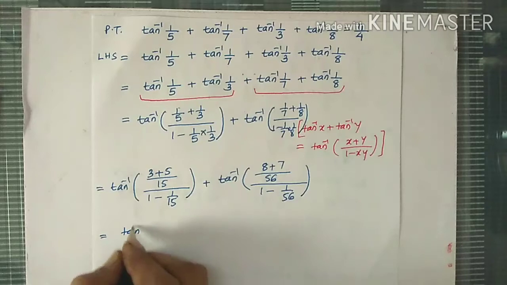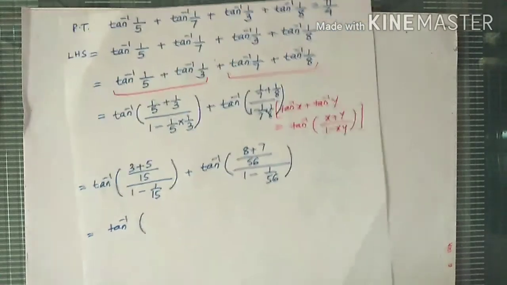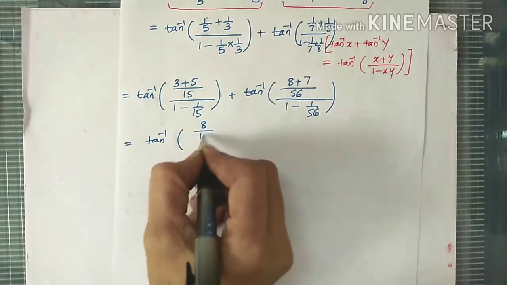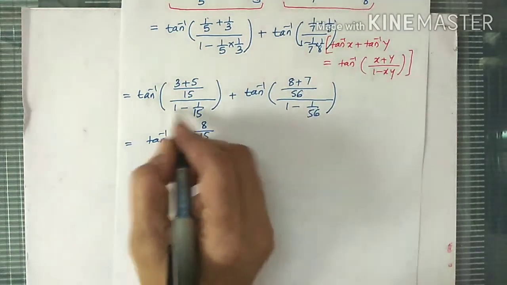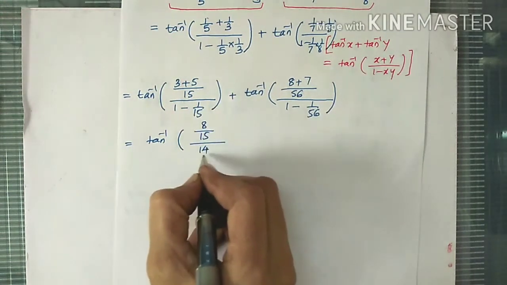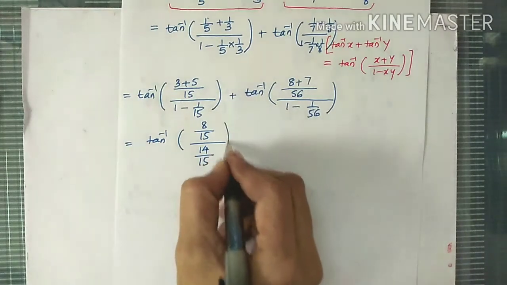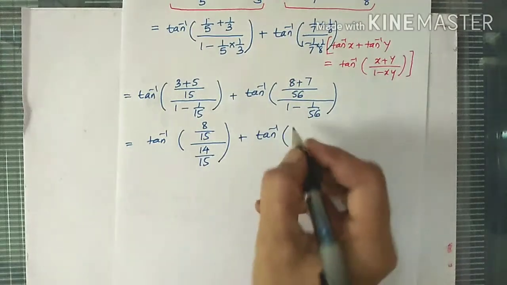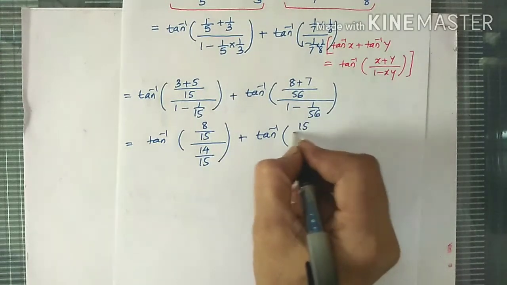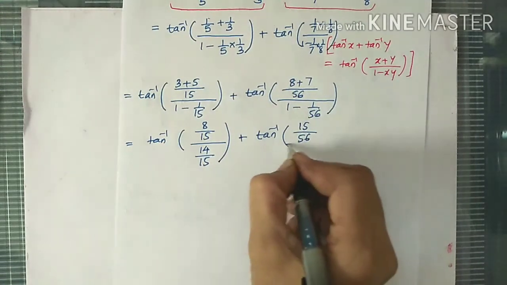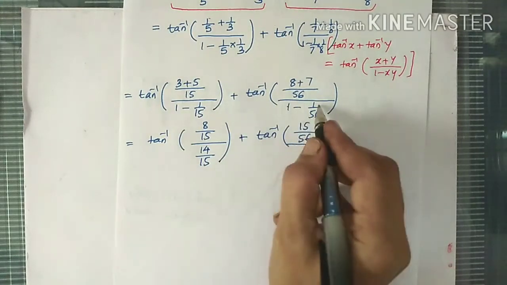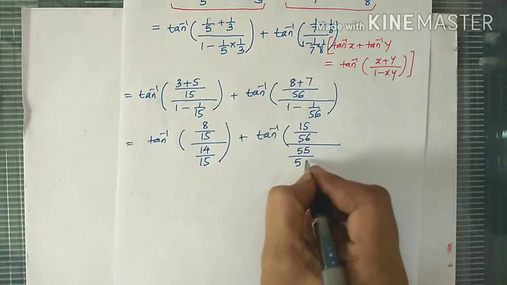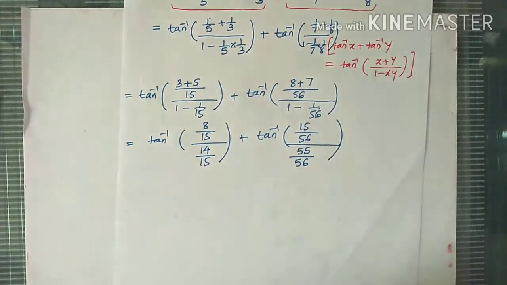So that is tan inverse of (3 plus 5, that is 8) upon 15 divided by (15 minus 1), so that becomes 14 by 15, plus tan inverse of (8 plus 7, that is 15) upon 56 divided by (56 minus 1), which is 55 upon 56.